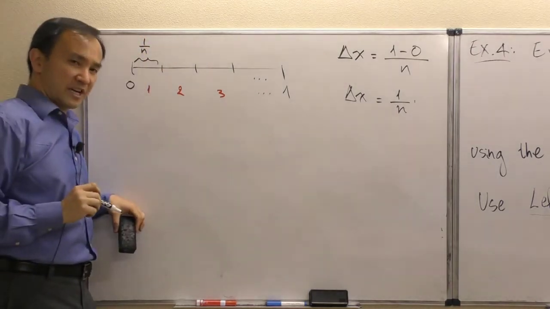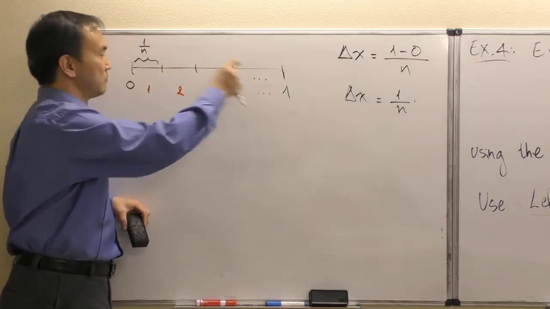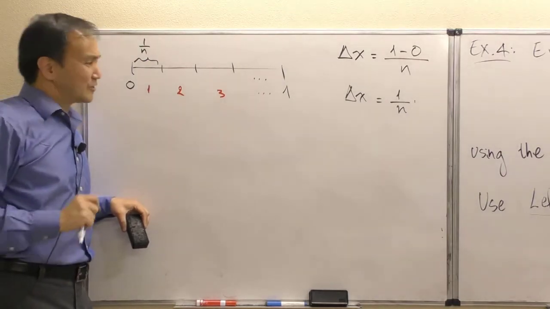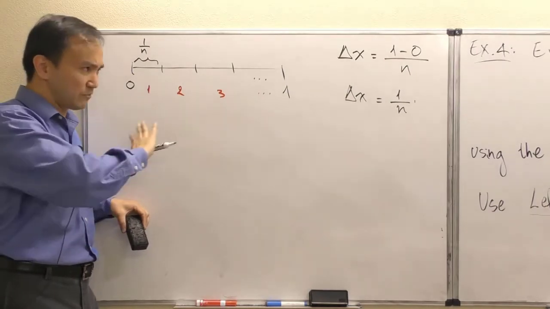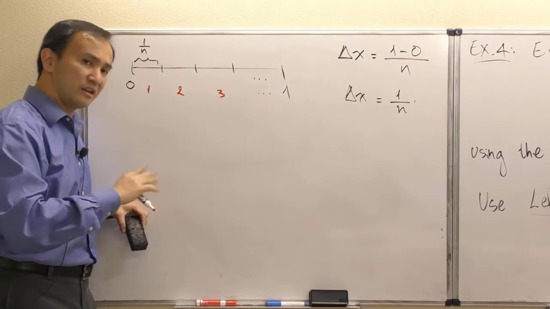The 1 comes out because it's the total difference between 0 and 1, but over n because we have n subintervals. Everything I'm doing right now is still considered scratch work.